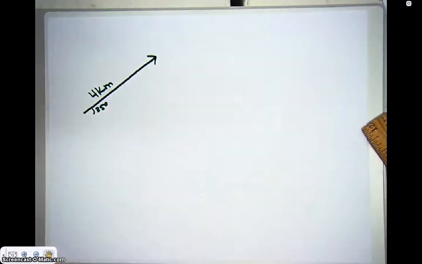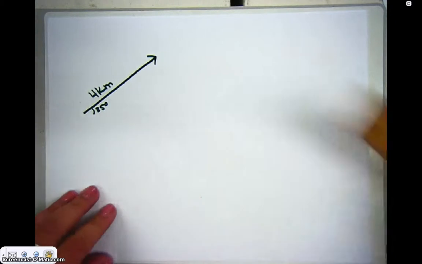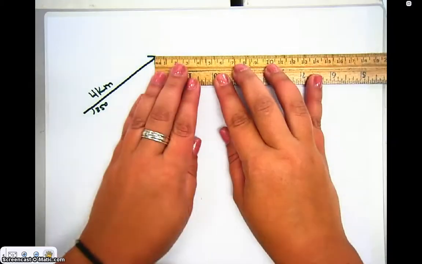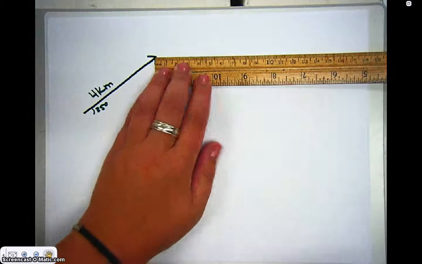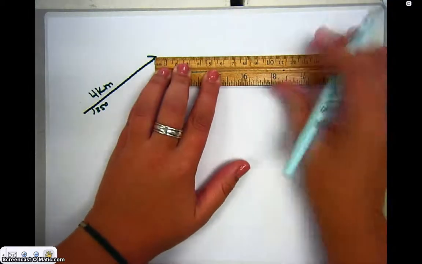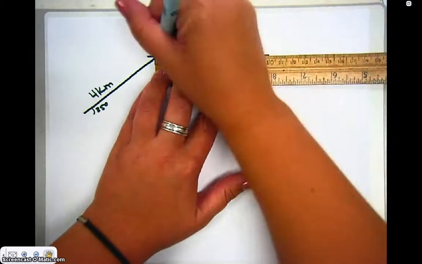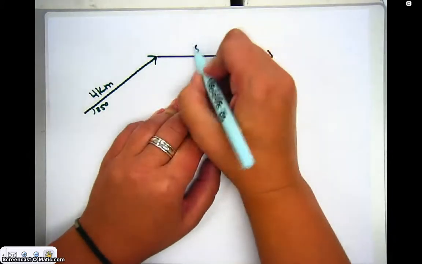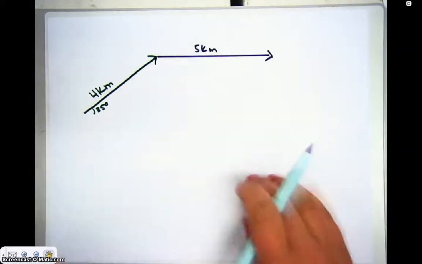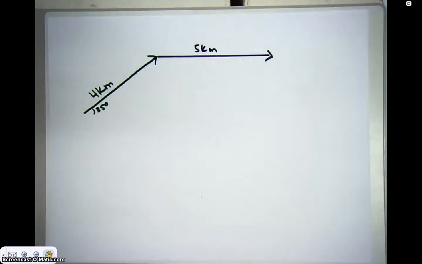Okay. Then they traveled 5 kilometers directly east. So directly this way, 5 kilometers, I'll draw it like 10 centimeters. That's 5 kilometers. And then they traveled 3 kilometers, 20 degrees south of east.